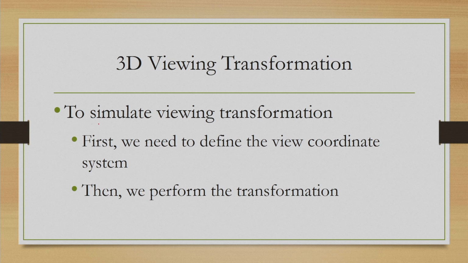So, to implement the viewing transformation, we need to do two things. First, we need to define the coordinate system, and second, we perform the transformation to simulate this effect of looking at the scene through the camera.